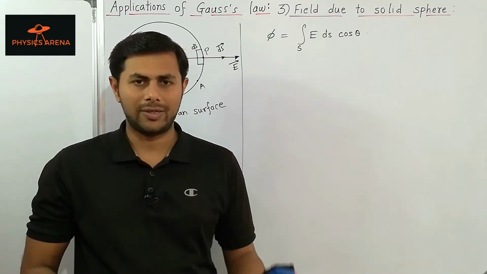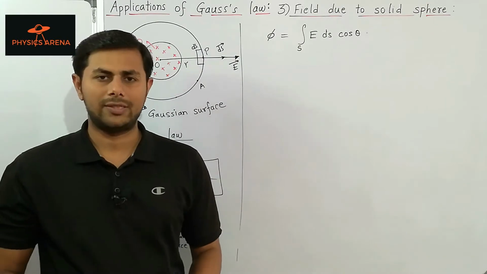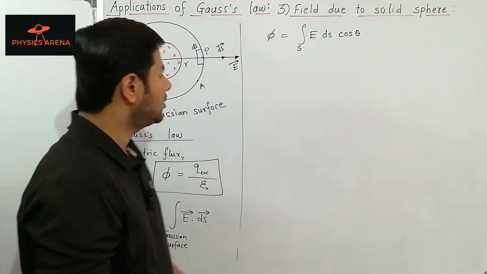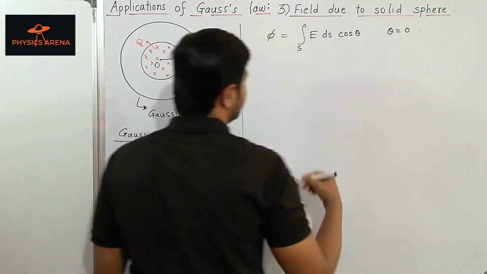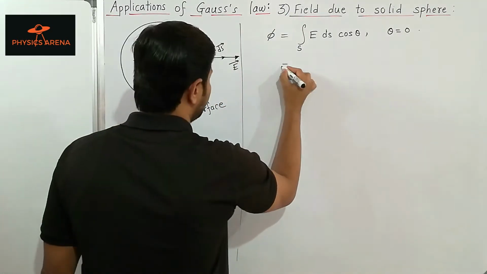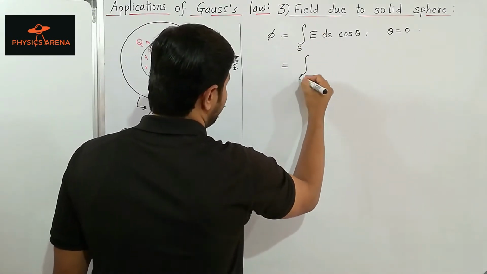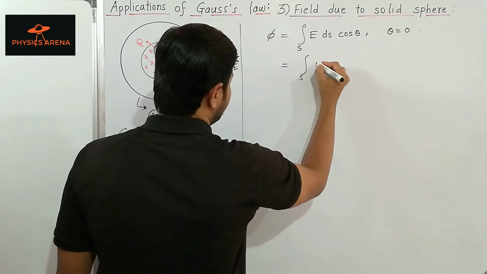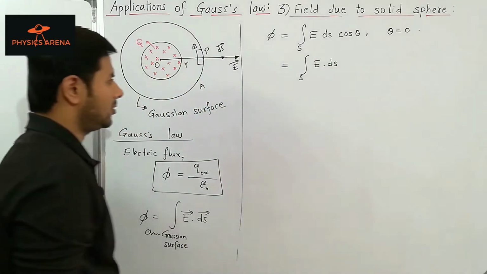So angle between electric field and surface area vector is just 0. So since theta is 0 and cos 0 is 1, we have the integral over this closed surface E multiplied by ds only.